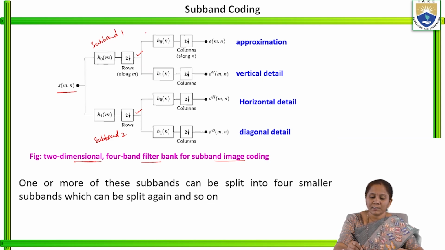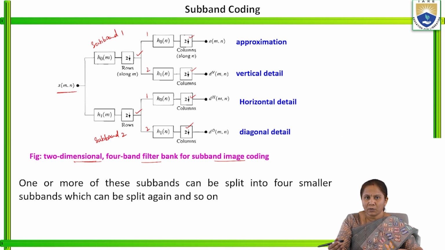So subband 1 is divided into 1 and 2 again, and subband 2 is divided into 1 and 2 again. Here we are using filters H0 of n and H1 of n. After that, downsamplers are used again, and we get 4 outputs.